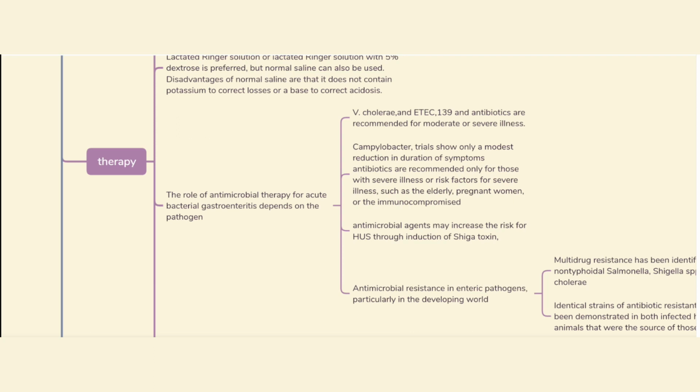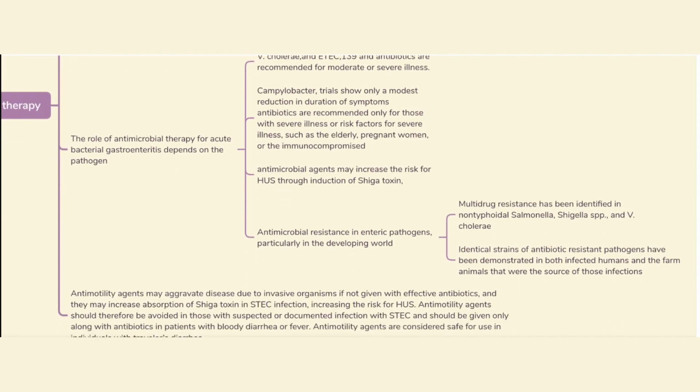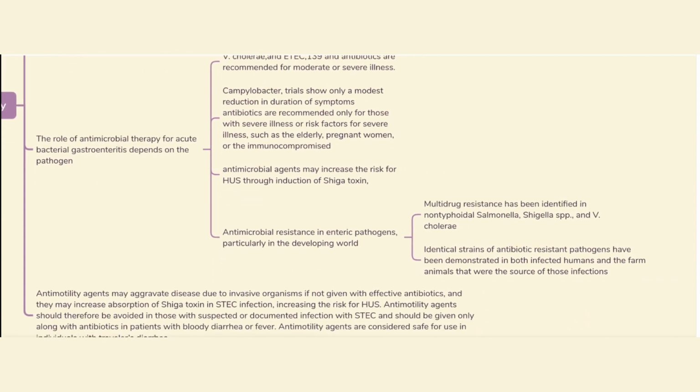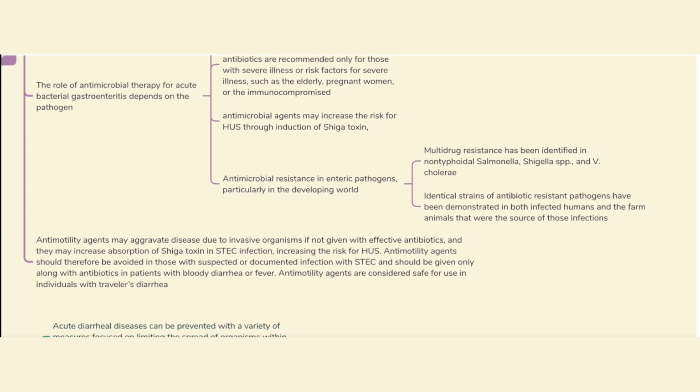And for the last few decades, we have seen a steady rise in antimicrobial resistance in enteric pathogens, especially in the developed world. We have seen MDRs, or multi-drug resistance, in non-typhoidal salmonella, in Shigella species, and in Vibrio cholera.